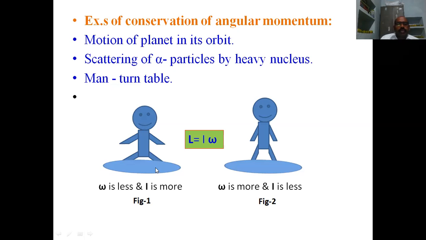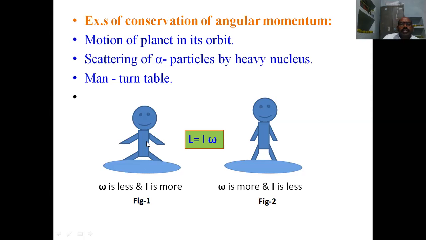So it is the table. If a man is standing just like this, stretching his legs and arms, the turntable rotates with lesser angular velocity.